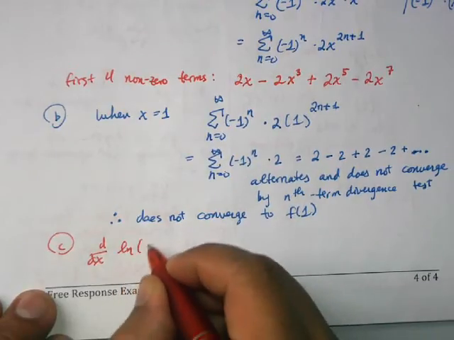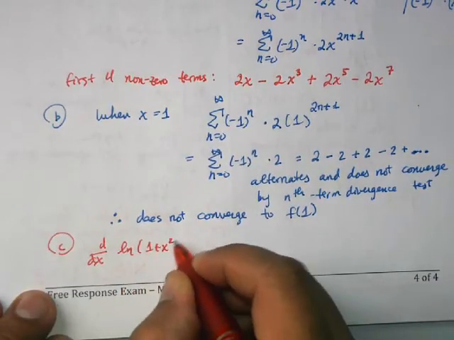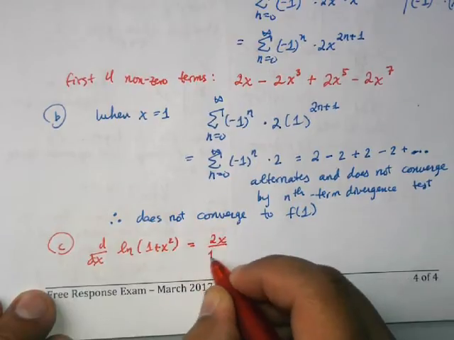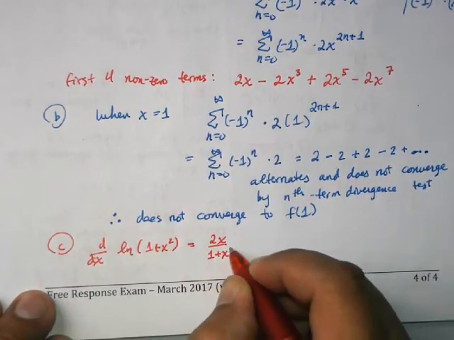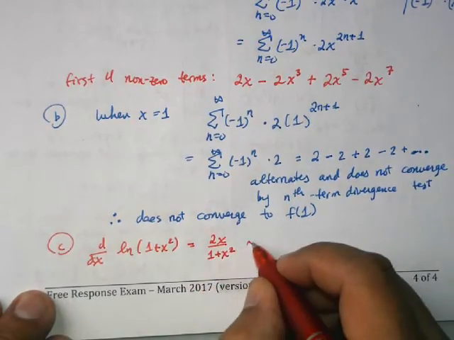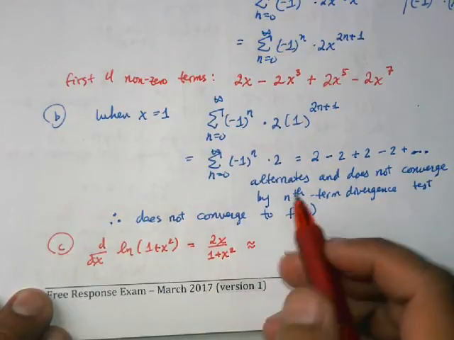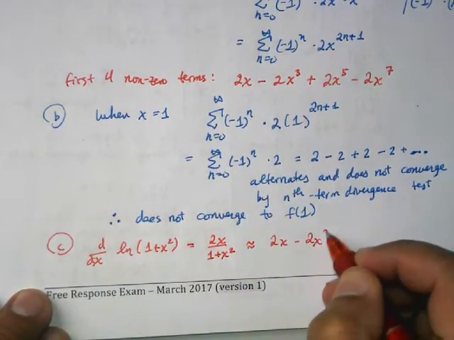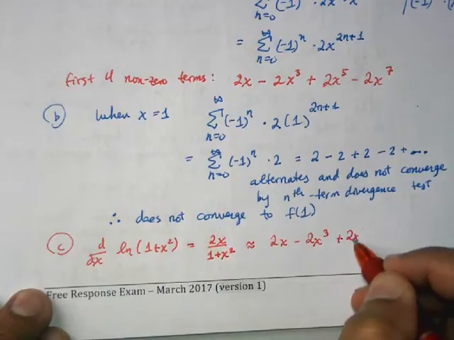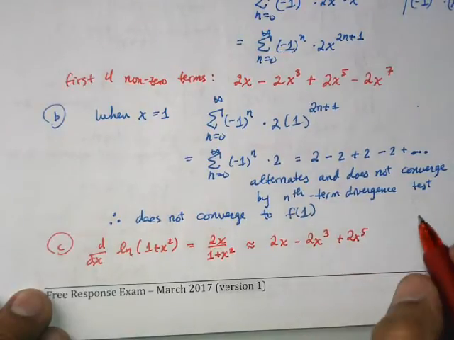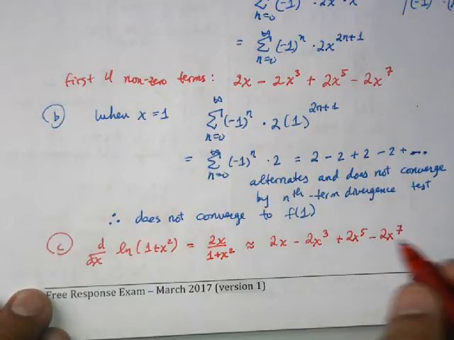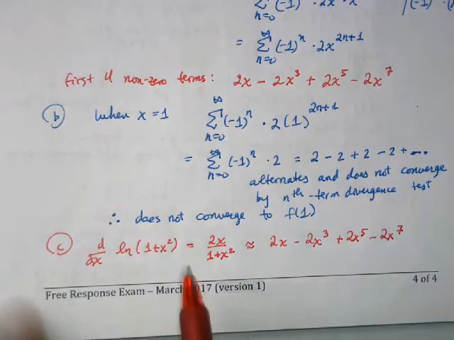So the problem tells us that the derivative of the natural log of 1 plus x squared is equal to 2x over 1 plus x squared. Which, using the first 4 non-zero terms, is equal to this: 2x minus 2x cubed plus 2x to the fifth minus 2x to the seventh.